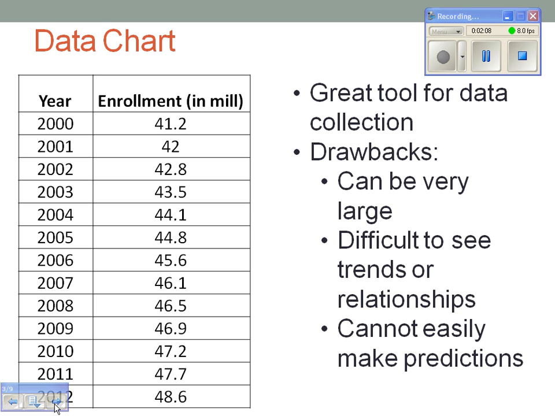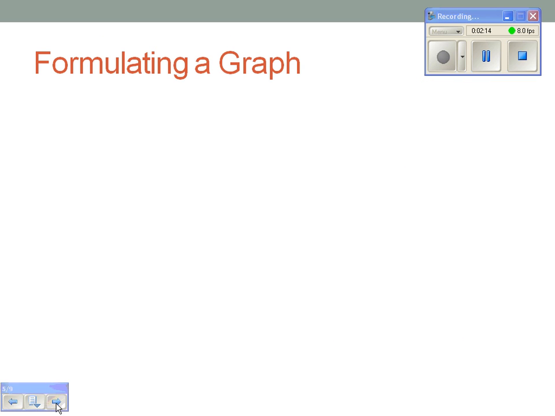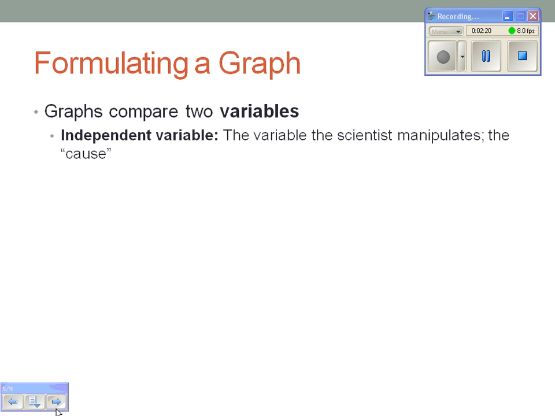Remember, you can always pause if I'm going a little too fast. When you're making a graph, you're always going to be comparing two things called variables. One of those variables is called the independent variable. In your experiment, an independent variable is the thing that the researcher decides to manipulate or change. So in your experiment, the independent variable was what kind of liquid you used.